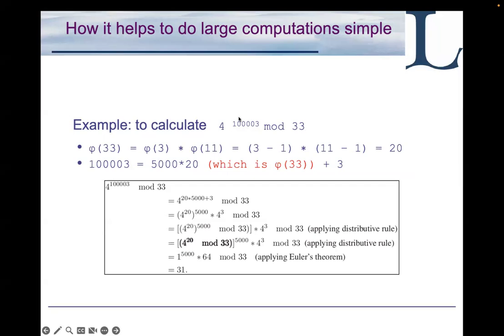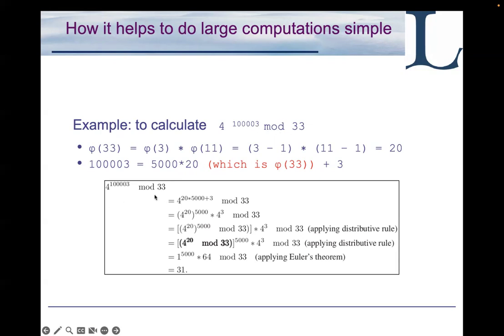As you can imagine, raising any number, even a small number, to this huge power is very complex for computers. So what we do is apply Euler's theorem and simplify these calculations very dramatically.